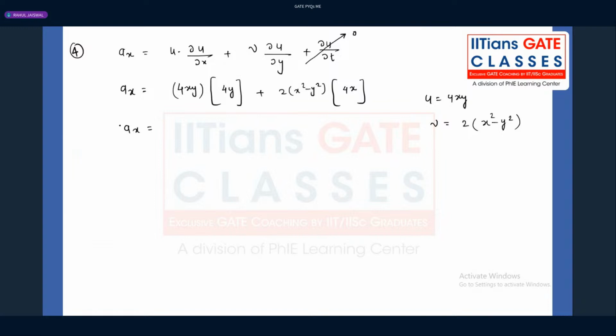If you substitute x equal to 0 and y equal to 0, you are going to get 0. Similarly, ay, if you try to find it out, u into dou v by dou x plus v into dou v by dou y.